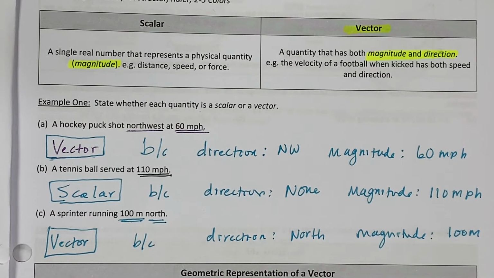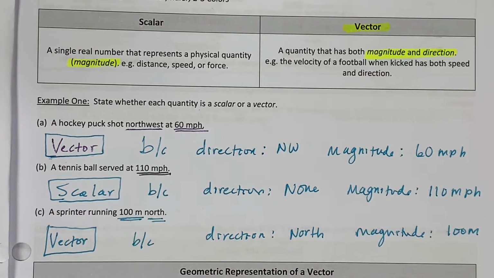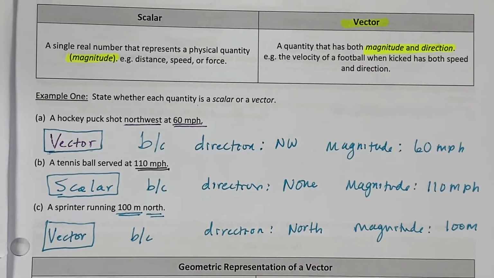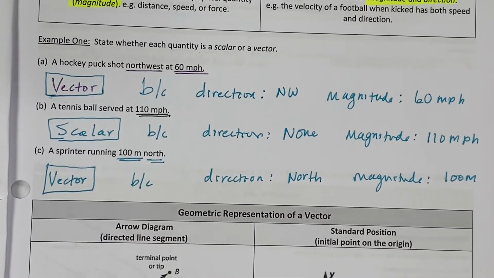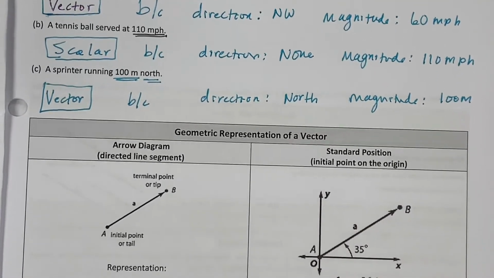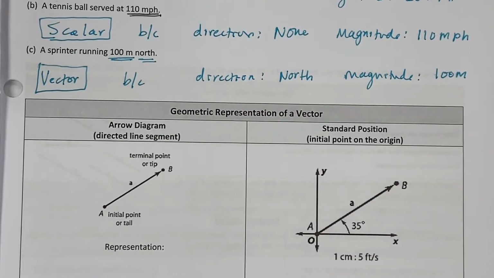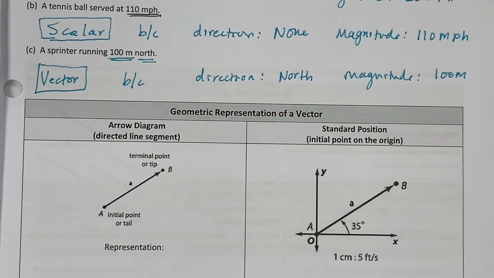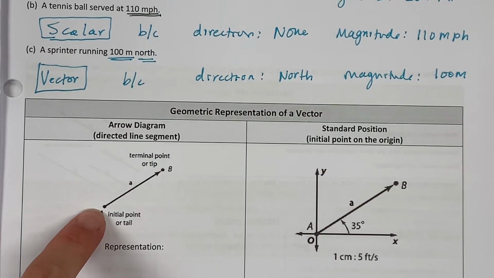Now vectors are represented graphically, geometrically, using arrows. A vector has both an initial point and a terminal point. The initial point is called the tail. That's the point at which it begins.